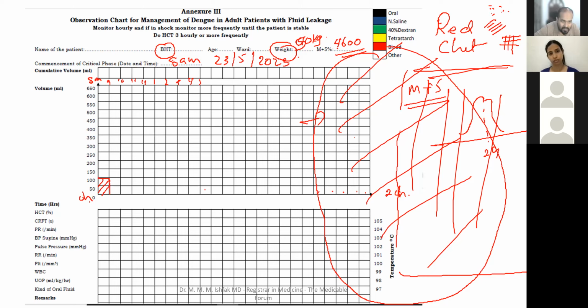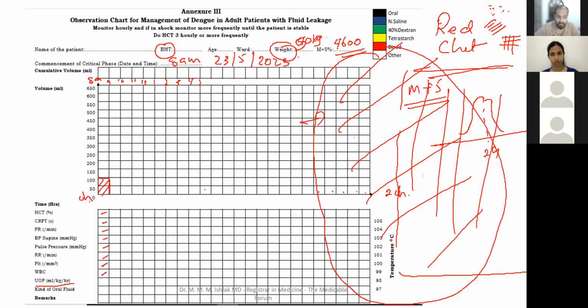During this, you need to document the hematocrit, the CRFT, the pulse rate, the blood pressure, the pulse pressure, the respiratory rate, whatever the current platelet count, whatever the current WBC, and then the urine output. Mind it that the urine output, you need to convert it into milliliter per kg per hour.